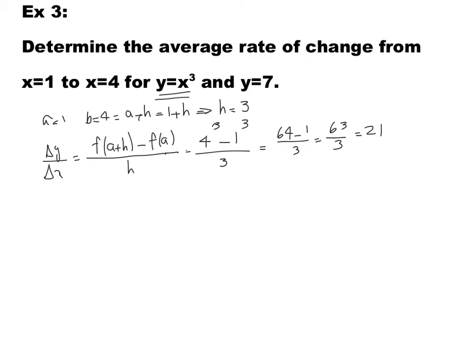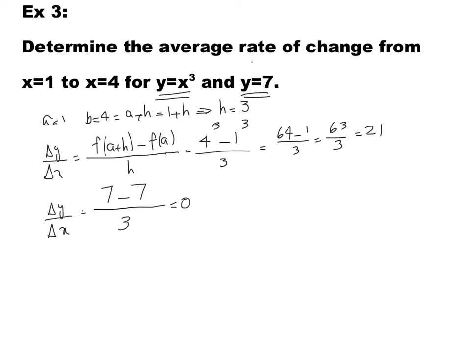For the second one, y is 7. So delta y over delta x, again, f of a plus h is going to be 7 because there is no x involved, minus f of a, again, there is no x involved, so minus 7 again, divided by 3, which is going to give you 0.